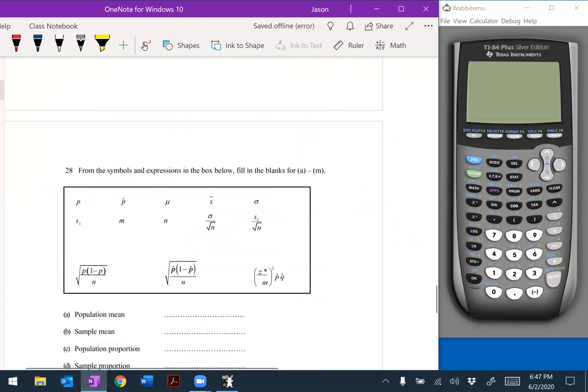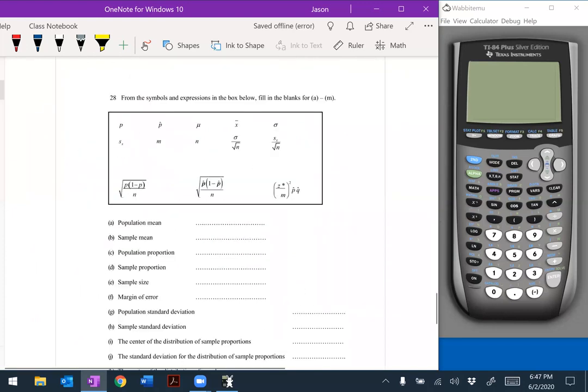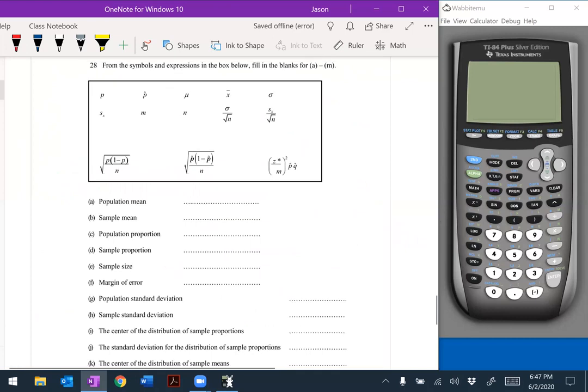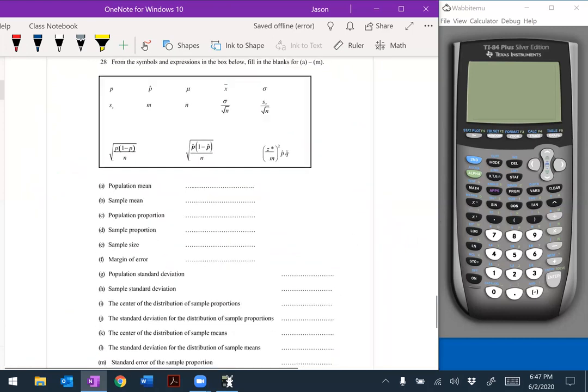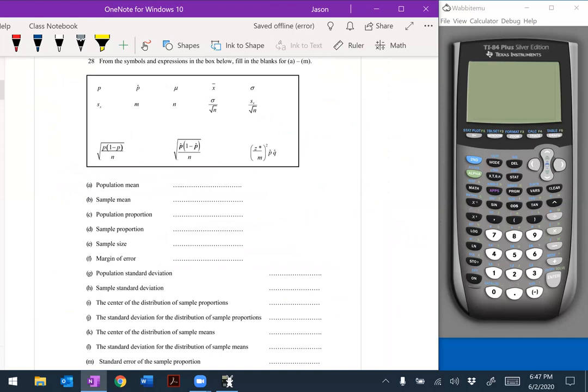Okay, let's go to these symbols here. From these symbols and expressions in the box, fill in the blanks A through M. Which symbol refers to population mean? How about mu. I'm not going to cross it off because some of these may be used more than once. Sample mean, that's x bar.